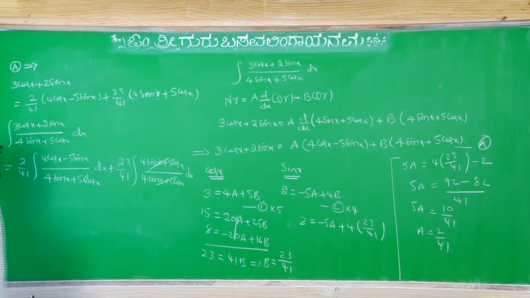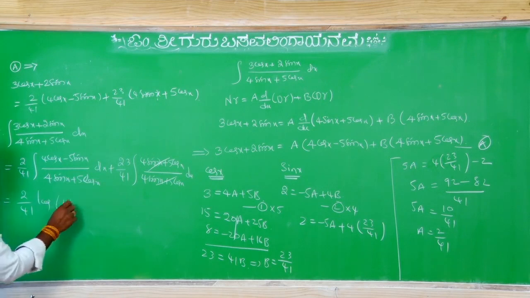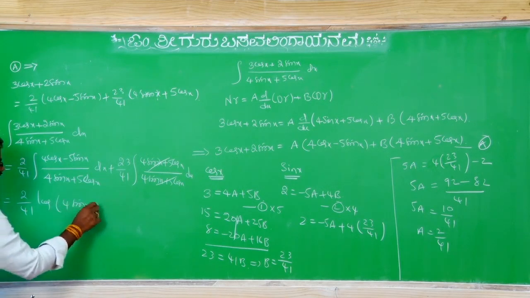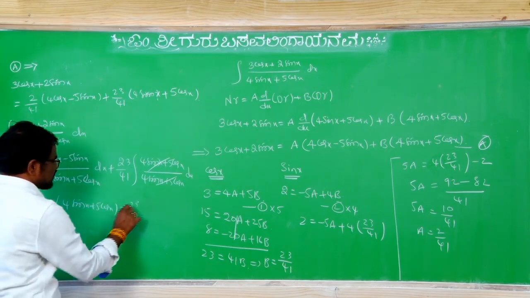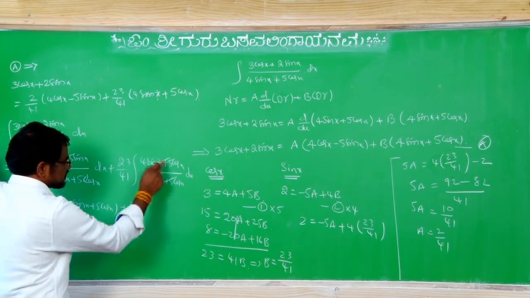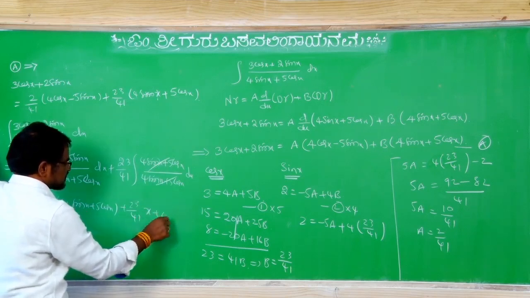So these two get cancelled. Here it is f dash x by f of x form. So 2 by 41 log of (4 sin x plus 5 cos x) plus 23 by 41, this is 1 remaining, so x plus.